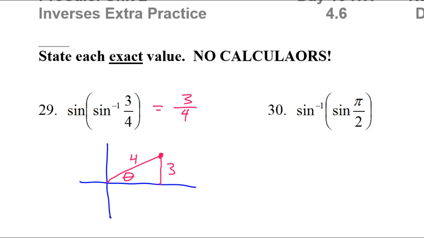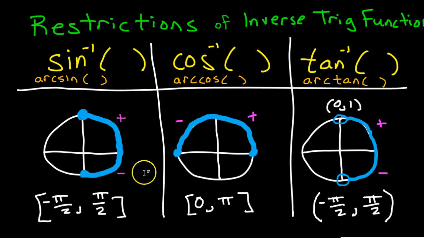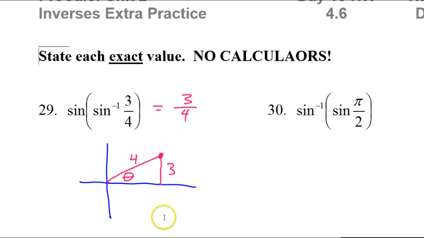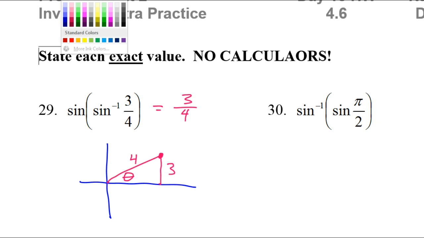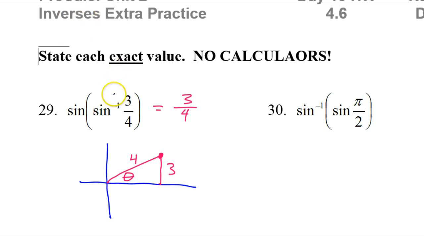So the thing that sometimes messes us up is restrictions on the range. But here's the thing. There are 2 main rules, sort of shortcuts, I want to tell you. If the inverse trig function is on the inside, then you don't have to worry about the restrictions, because the one on the inside automatically has to fit the restrictions.